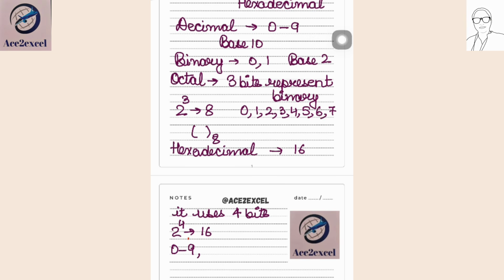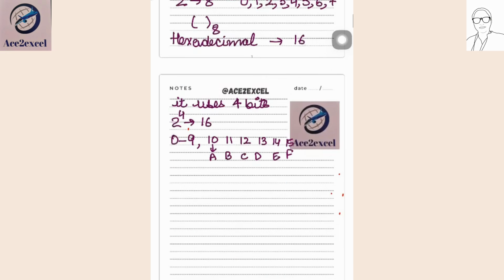After that, because 10 and 11 are 2 digits, for 10 we use A, for 11 we use B, for 12 we use C, 13 D, 14 E, 15 F. So in hexadecimal, the numbers used are 0 to 9 and A to F, total 16. That means it is base 16.